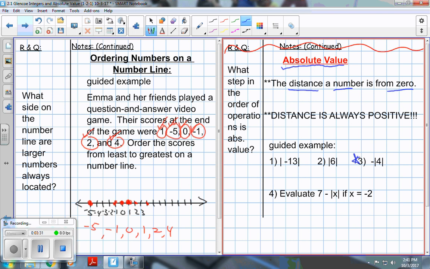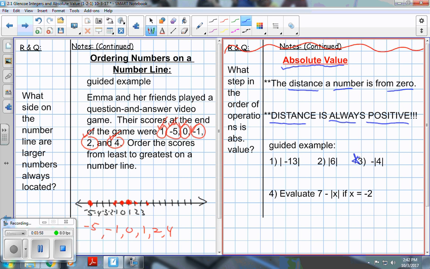Whenever we describe a distance, distance is always described as a positive number. So for example, if you drove from the middle school to your home, that's 5 miles. But if you drive from your home to the middle school, it's not -5. It's still 5 miles. So absolute value, since it's the distance from 0, always turns whatever is inside those absolute value symbols into a positive number.